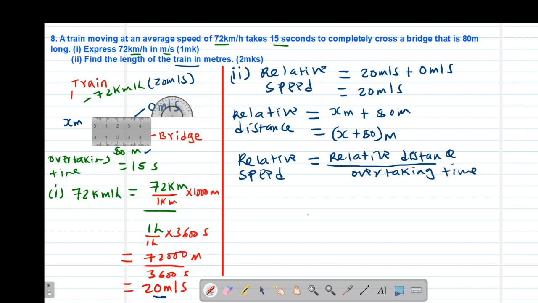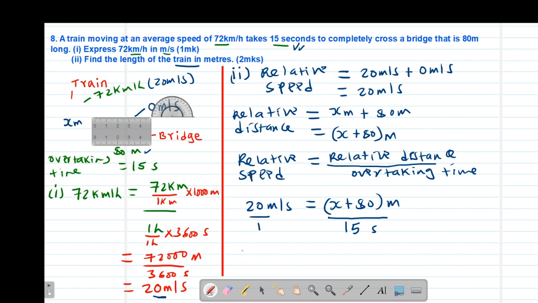If I substitute the values, relative speed is 20 meters per second, which equals relative distance, x plus 80 meters, divided by overtaking time. Let me see if I'm given. Yes, overtaking time was 15 seconds. Remember, 15 seconds goes with meters per second, so this is divided by 1.